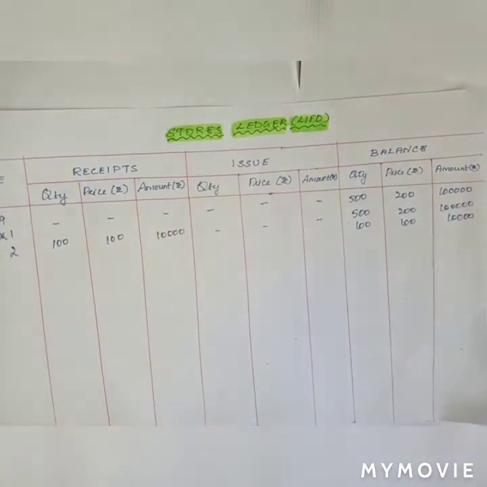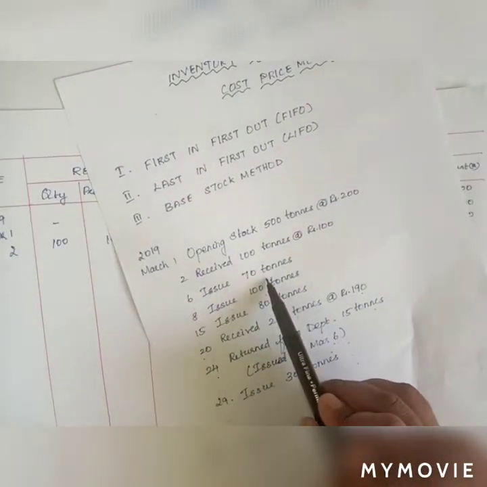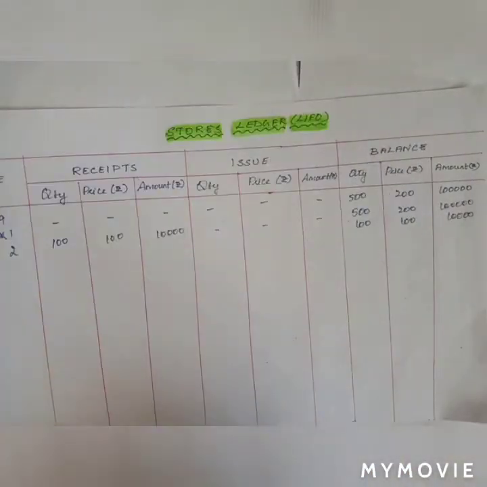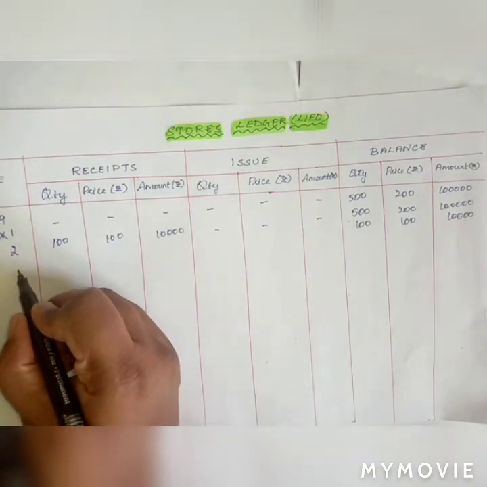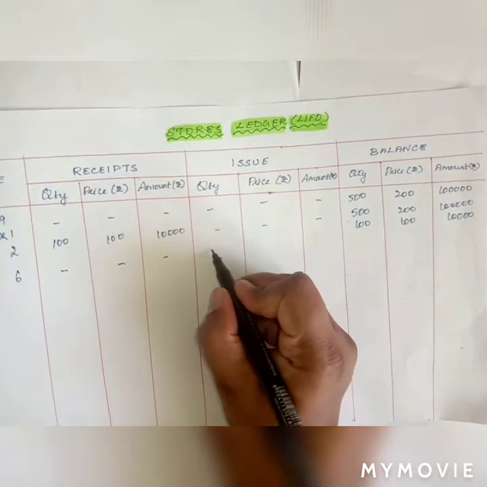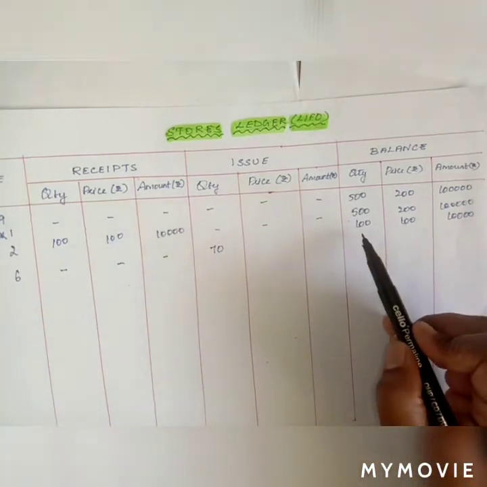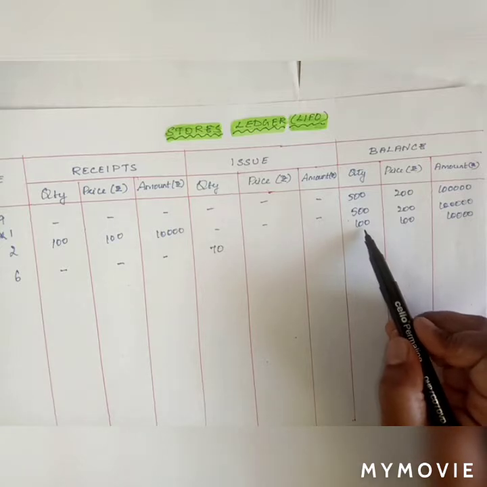On the next date, 6th, we have an issue of 70 tons. Now we are following the LIFO method, last in first out. So the material which has been received latest will be issued first.